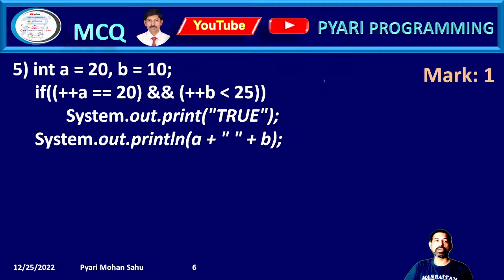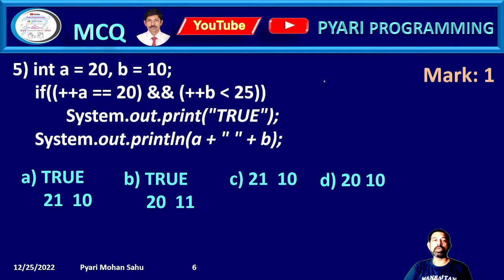So the next question is here: A is 20 and B is 10. Now I am using a logical operator. Min cannot take a string as its parameter. Rightly convinced, because a string cannot be compared. A string can be compared, but not using your max and min.